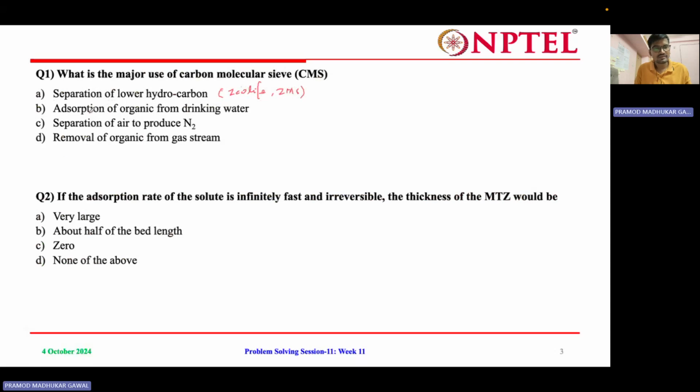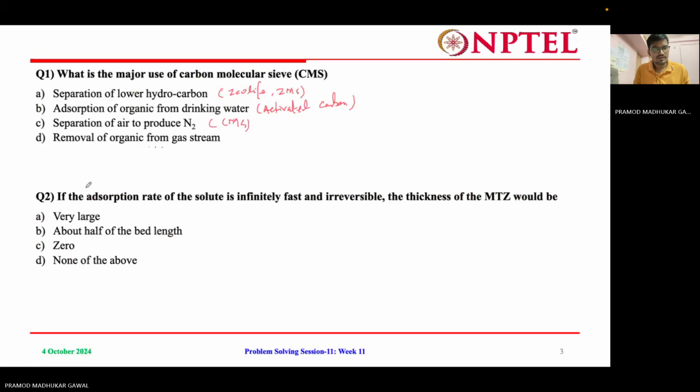And option B, the adsorption of organics from drinking water. Here the adsorbent is activated carbon. And option C, separation of air to produce N2. Here the CMS, carbon molecular sieve adsorbent, is used.